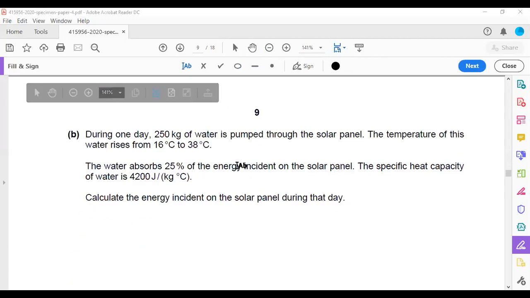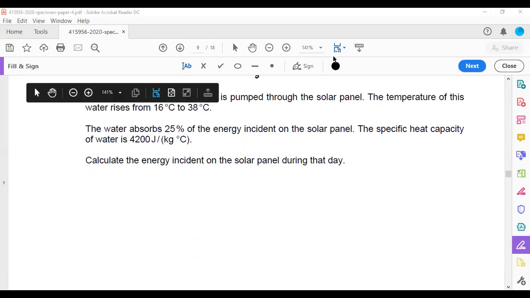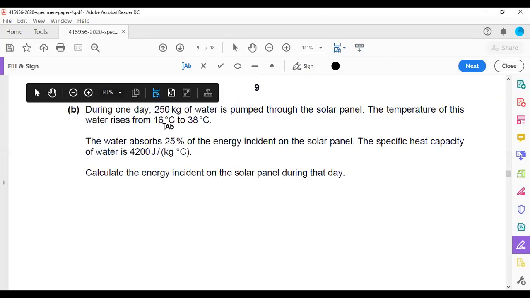They said here, during one day 250 kilograms of water is pumped through the solar panel. The temperature of this water rises from 16 to 38 degrees, so it goes from lower to higher.